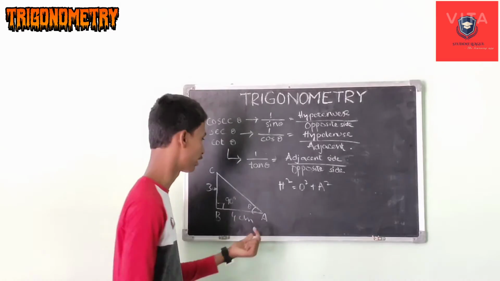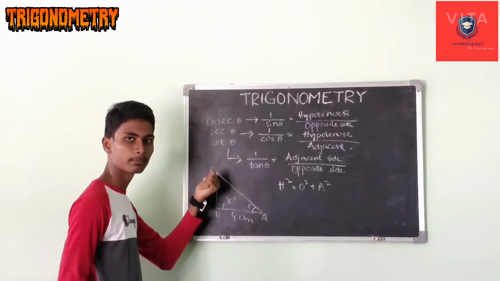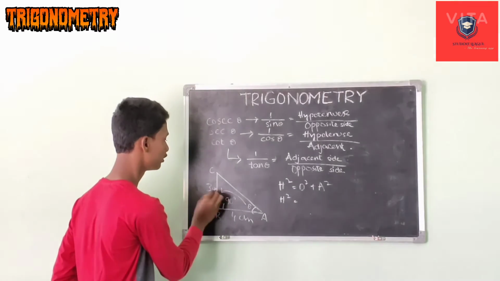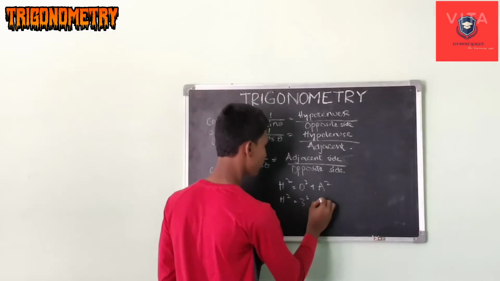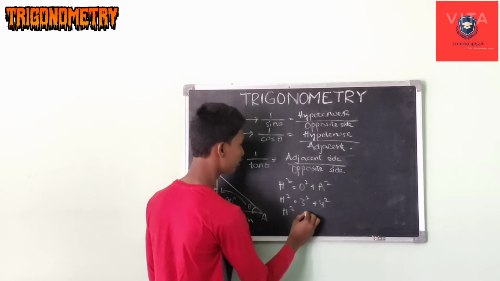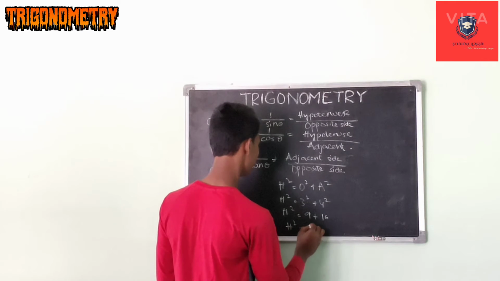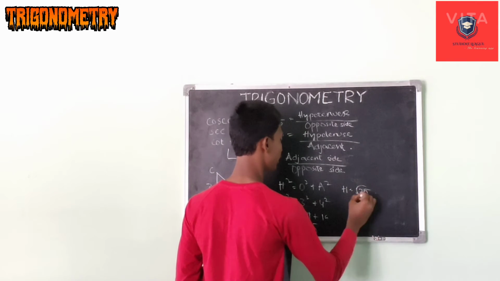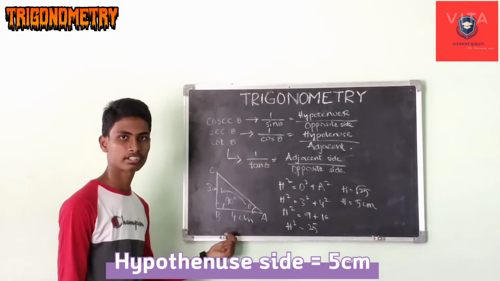Here we know the sides but not the hypotenuse. H square is equal to 3 square plus 4 square, which is 9 plus 16. H square is equal to 25, so H is root 25. The hypotenuse is equal to 5 centimeters.